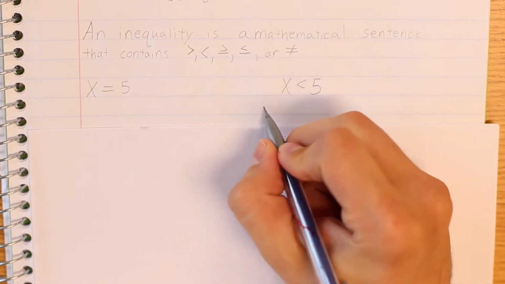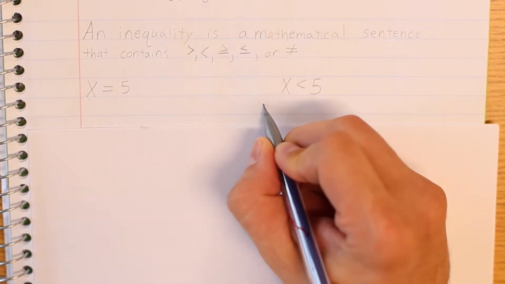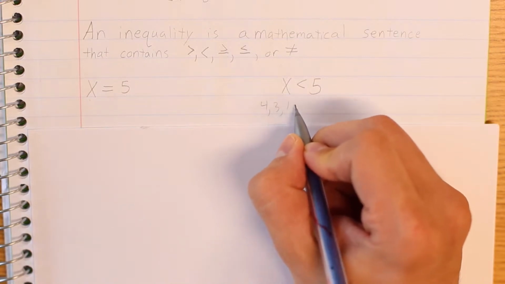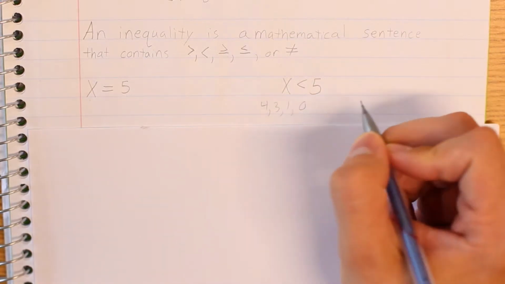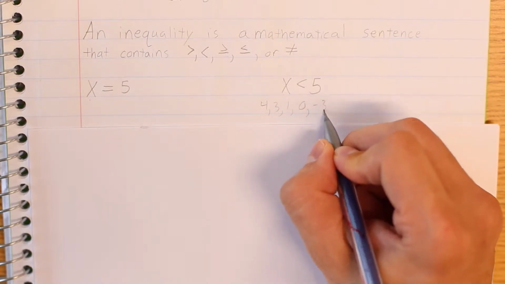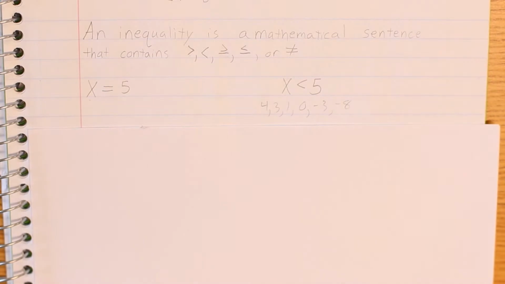It could possibly be, and these aren't all of them because you could include fractions and decimals and things like that, but you could include 4, 3, 1, 0. I know I skipped 2, I'm not including all of them. Negative 3, negative 8. These are just some of the numbers that x is allowed to be, okay?